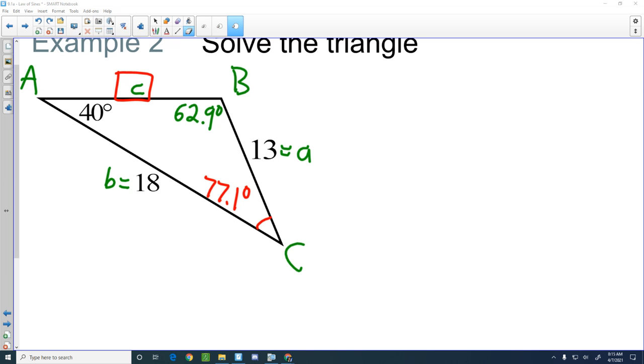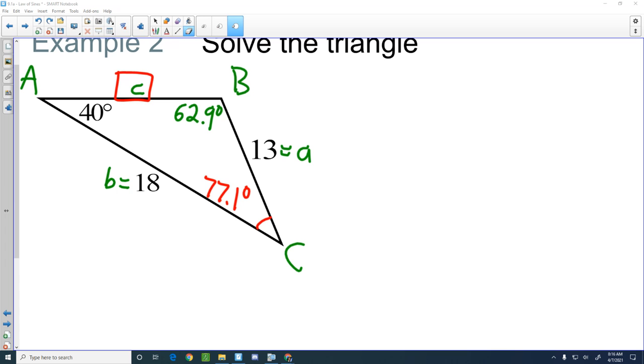Is it this one? You forgot to close the parenthesis after the angle. And so you took the sine of 77 divided by sine of 40 all at once. So make sure you close off the parenthesis after you do each like sine and cosine.